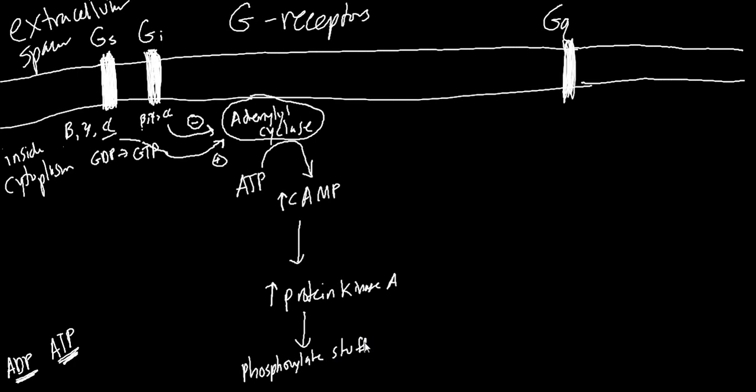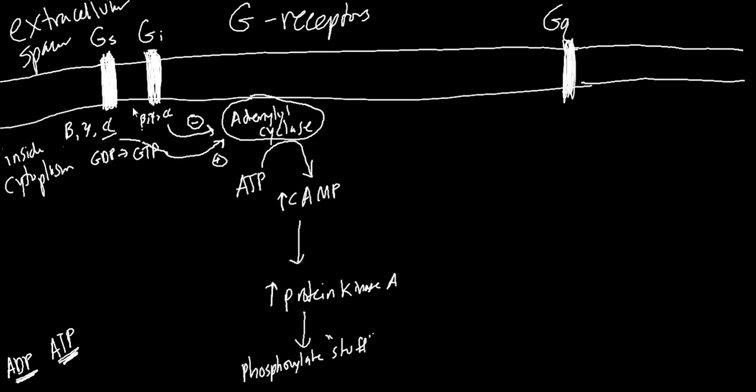Now, why do I say stuff? It's because that's as specific as we need to get. Once we have protein kinase A activated, we're going to phosphorylate other enzymes. Once enzymes are phosphorylated, they'll go off and do their thing. We're going to have a reaction. However, for our sake here, protein kinase A increases with cAMP activity, phosphorylate stuff, bada bing, bada boom.